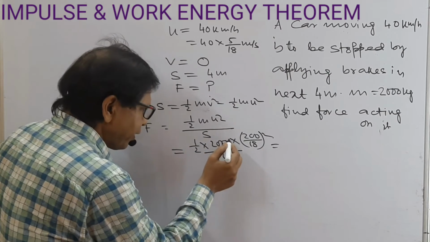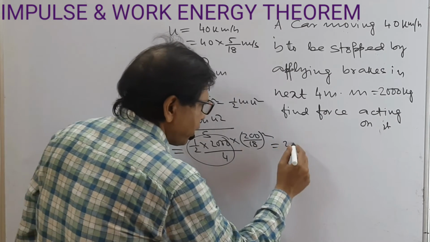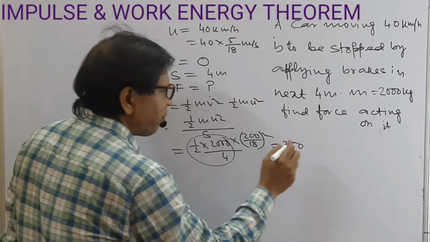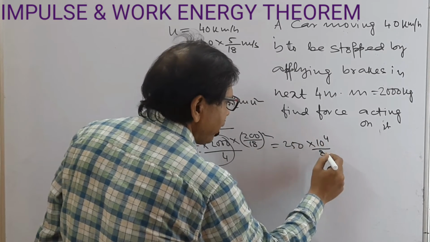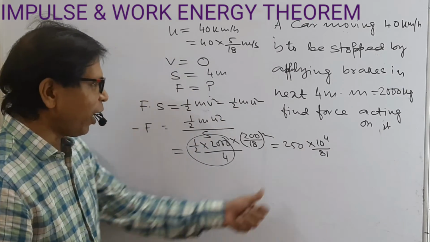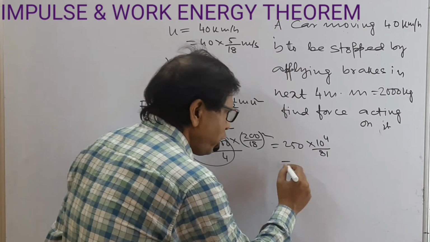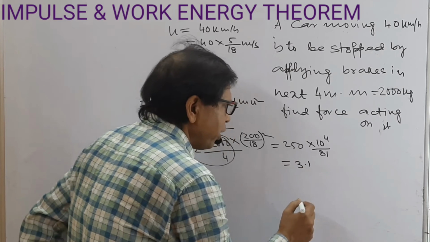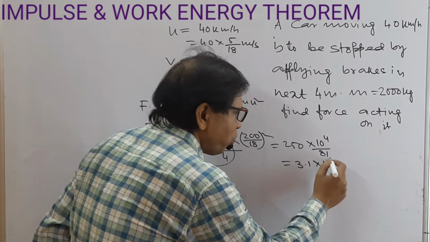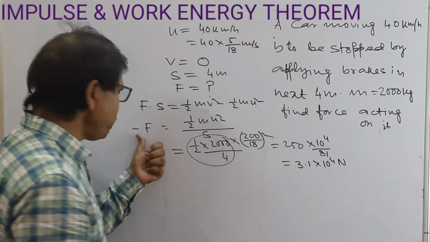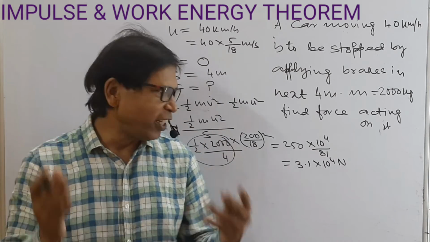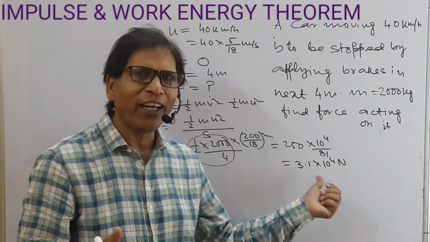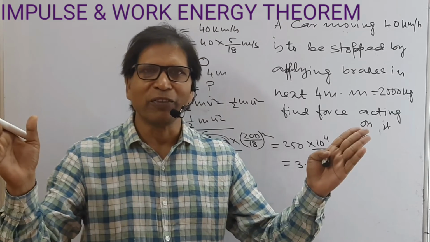So this is 250 into 100 by 9, so this is 10 to the power 4 by 81. Now this becomes 3.1 into 10 to the power 4 Newton. As the force is negative, it is the resistive force. So the resistive force is 3.1 into 10 to the power 4 Newton.